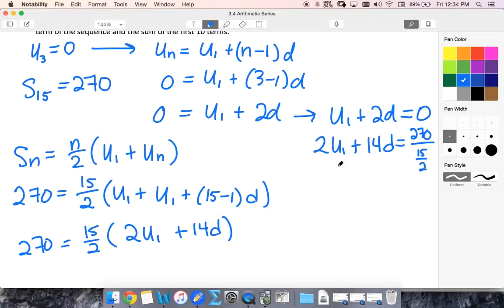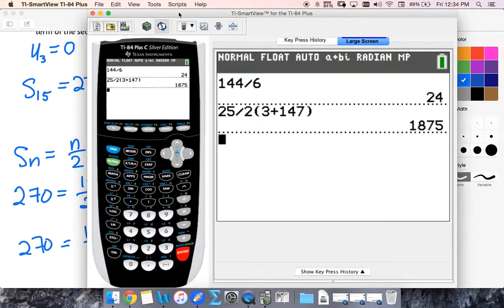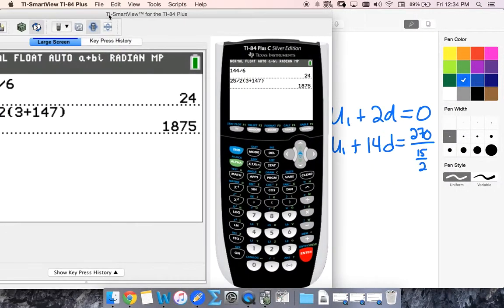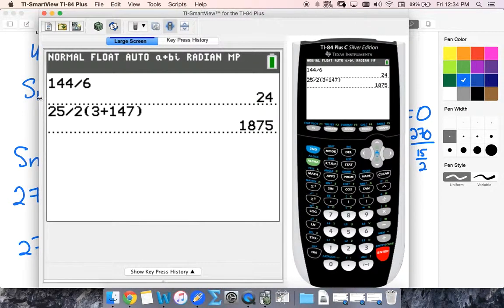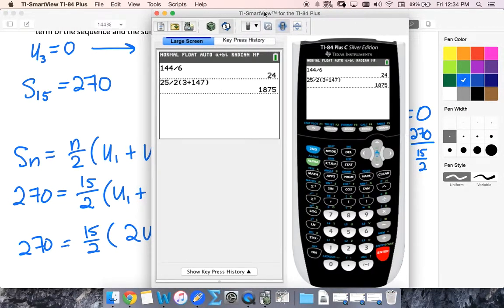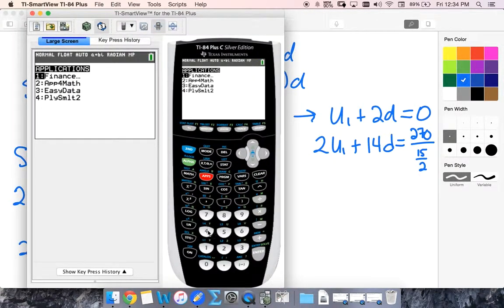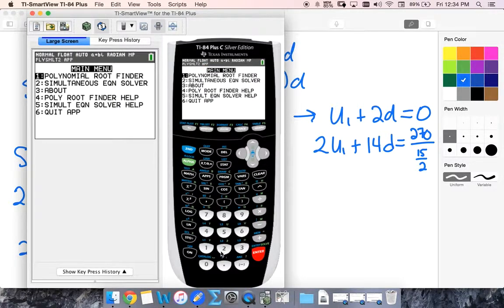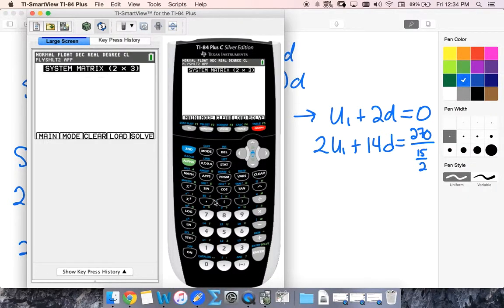So I want to make sure to do this correctly in my calculator. I'm going to go to my PolySimult. Let me make this a bit smaller. I'm going to come into apps, PolySimult, any key, simultaneous equation solver, yes, yes.